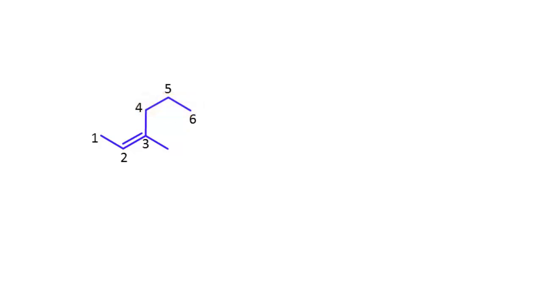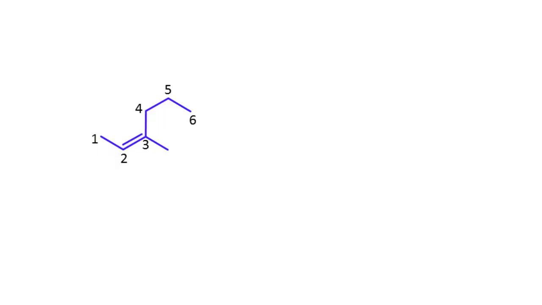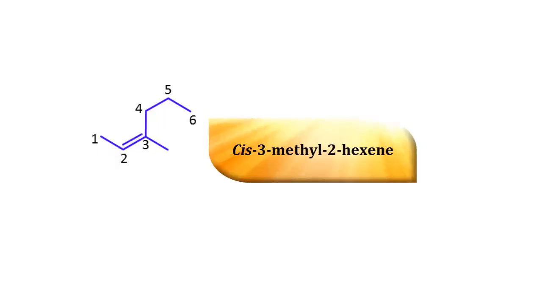When we look at how the 2 higher priority groups are positioned around the alkene double bond, we notice they are located on the same side of the double bond. This would be assigned as a cis isomer. So the complete name of this compound is cis-3-methyl-2-hexene.